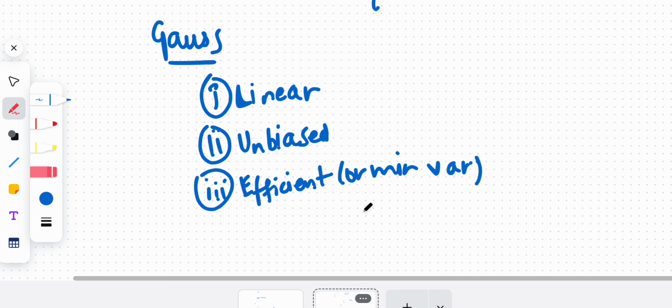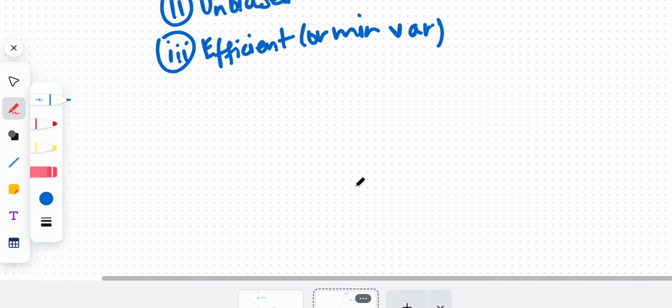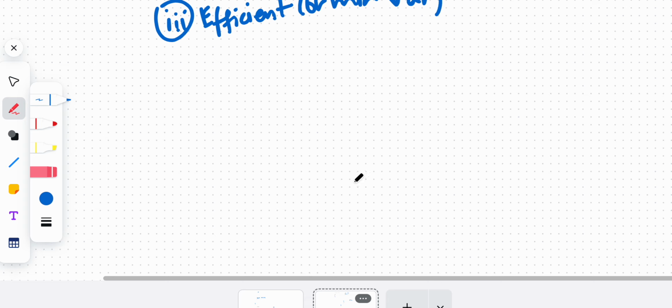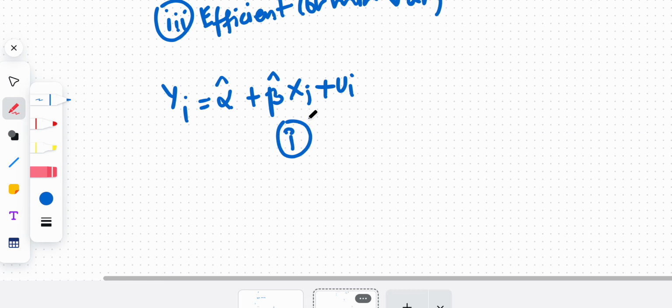So yeah, this will be my thing. Now linearity would mean, if my model is still the same, beta is a linear function. For instance, if I prove this, so what does it mean?